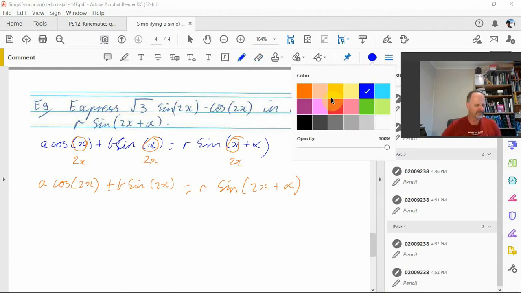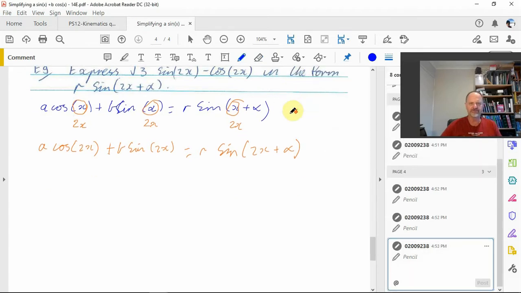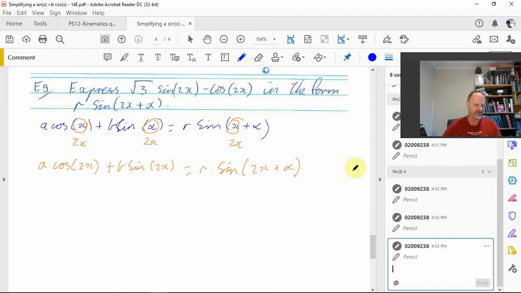All right, so if I work with that, and I look at what I've got at the top here, I've got that a is root 3. Hang on, what have we got? No, sorry, not a. Again, they've swapped this around on us, haven't they? So a is the one in front of the cos.